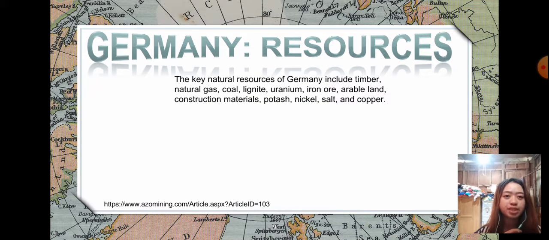Germany resources. The key natural resources of Germany include timber, natural gas, coal, lignite, uranium, iron ore, arable land, construction materials, potash, nickel, salt, and copper.